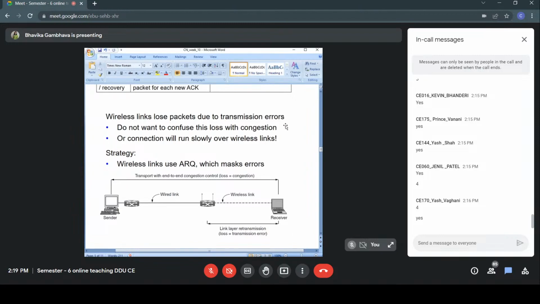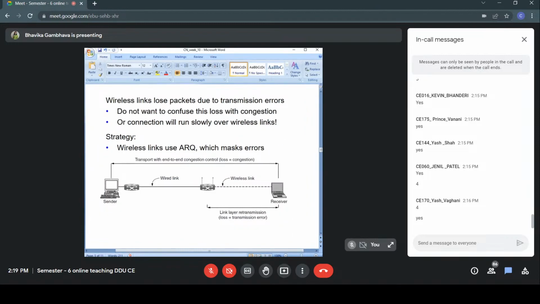The checksum will not match in that scenario. So it is a wrong packet, wrong data, the receiver will reject it and no acknowledgement will be sent. So we should not confuse this loss with congestion. Otherwise, we will keep reducing our data whenever there are random errors, and each time your transmitter will run slowly and efficiency will be compromised.